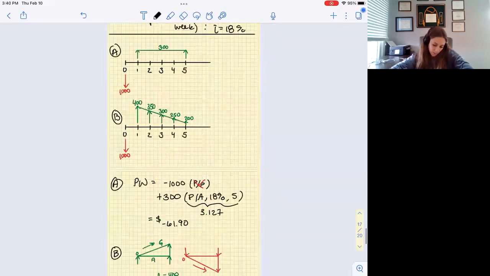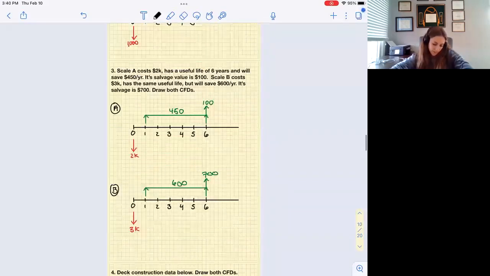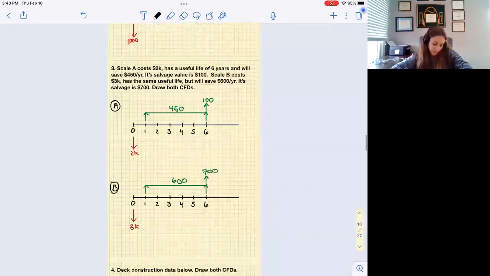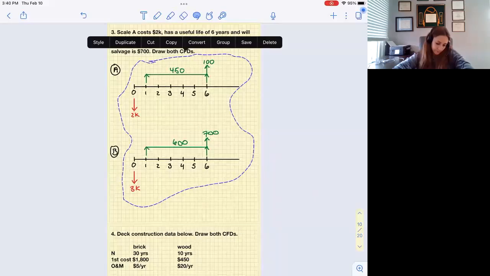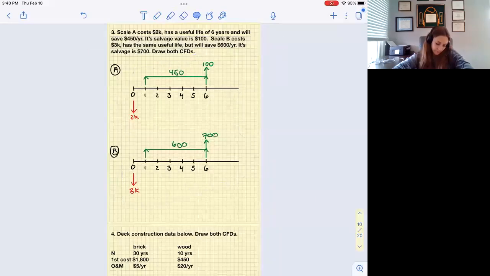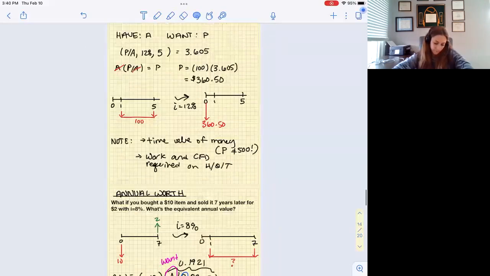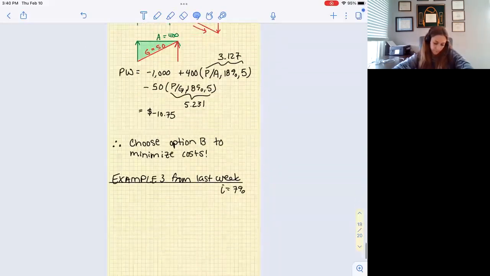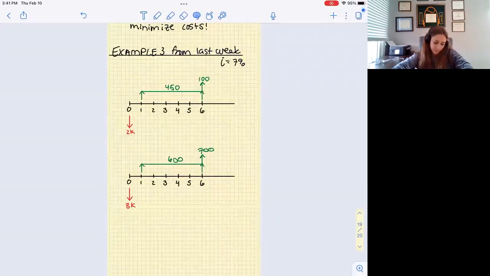It was this one, scale A and scale B. We drew those cash flow diagrams already, so you should have that in your notes. You can reference it.